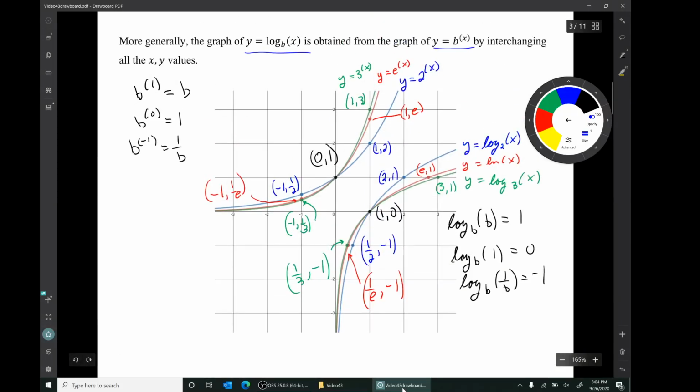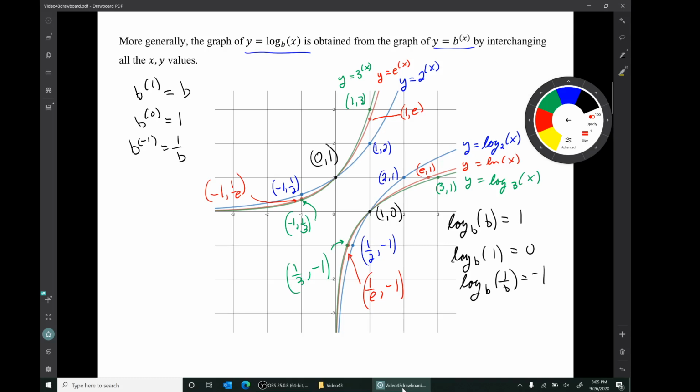Let's think about the domain. The domain of the logarithm graphs, the set of x values for which you have y values, is the set of all x's that are greater than 0. The range, the set of y values that you can get as a result, is the set of all real numbers.